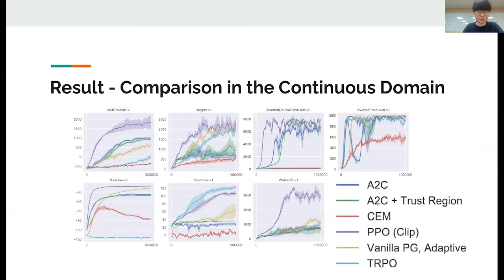The next evaluation is a comparison to pre-existing methods on reinforcement learning. The authors compared both traditional methods, including vanilla PG and CEM, and state-of-the-art ones, such as TRPO and A2C.